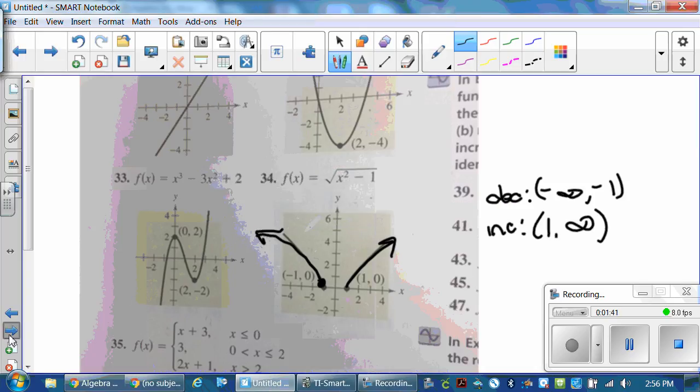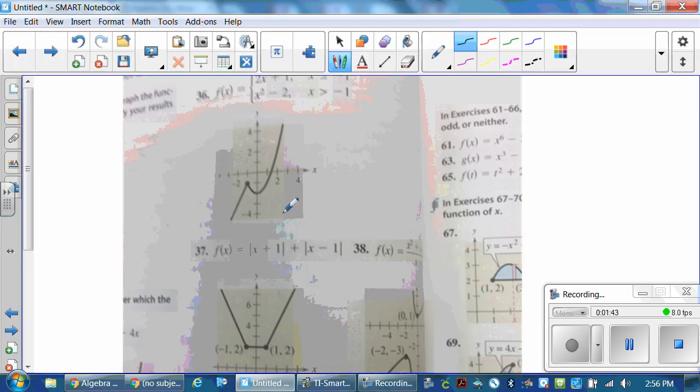Problem 36. Got a different looking graph here. It is increasing. This point right here is negative 1, negative 1. So it is increasing from negative infinity to negative 1, and then it's decreasing between negative 1 and 0.